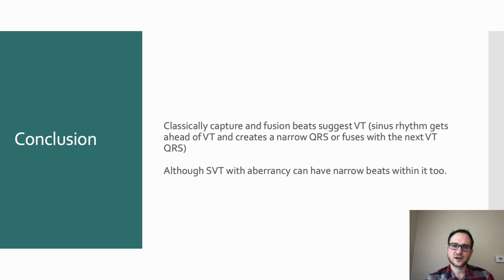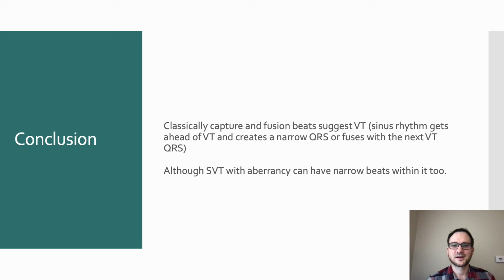If it's not early enough, it can get in and fuse with the next VT beat to produce a QRS intermediate between a sinus QRS and the QRS of the wide complex tachycardia. Those are called fusion beats, and they classically are a sign of VT.